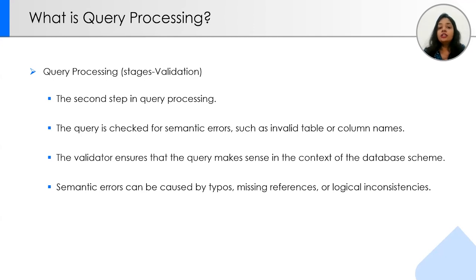Then the validator ensures that the query makes sense in context of the database schema. So it should align with the proper database schema. Also, the semantic errors can be caused by typing errors, missing references, and logical inconsistency.